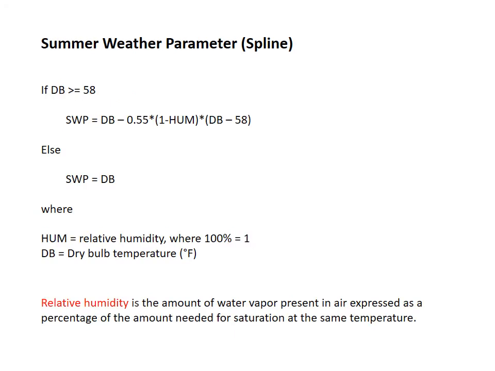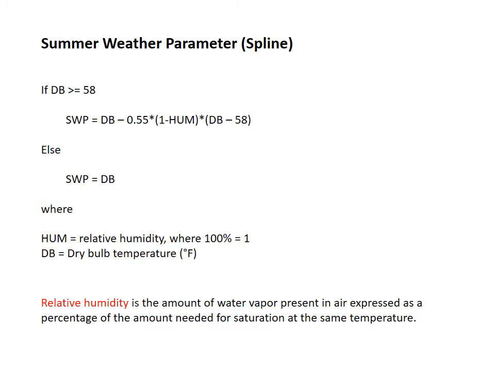And we can do the same thing with the summer temperature parameter with regard to humidity here. So as long as the dry bulb temperature is above, and this looks like it's temperature activated, if the dry bulb temperature is greater than 58 degrees, then we do want humidity, which is HUM here, to have some impact on the summer weather parameter that we're including as a dependent variable in the regression.